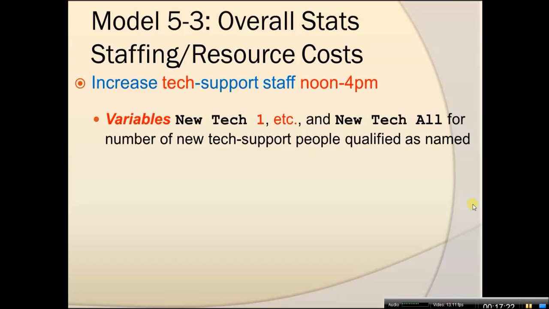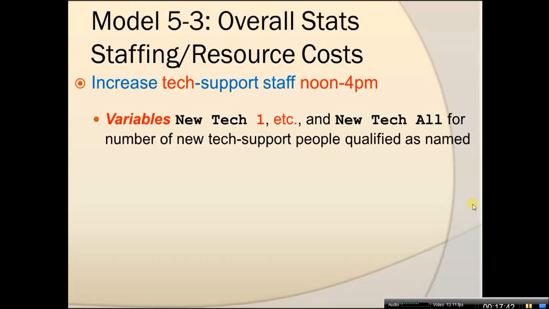So we can hire people for a specific product, or we can hire people that can do all 3 products, 1, 2, and 3. And so we're going to introduce variables new tech 1, new tech 2, and new tech 3, and also a variable new tech all.